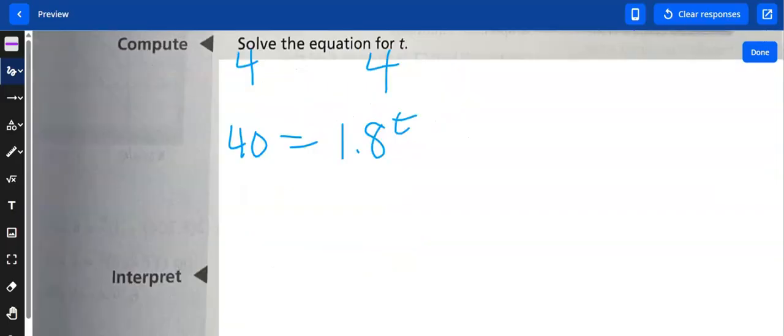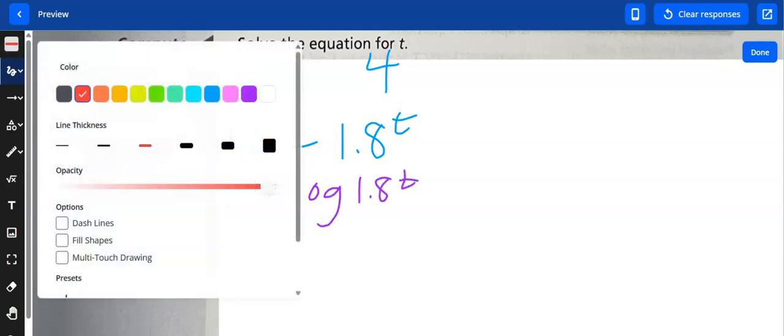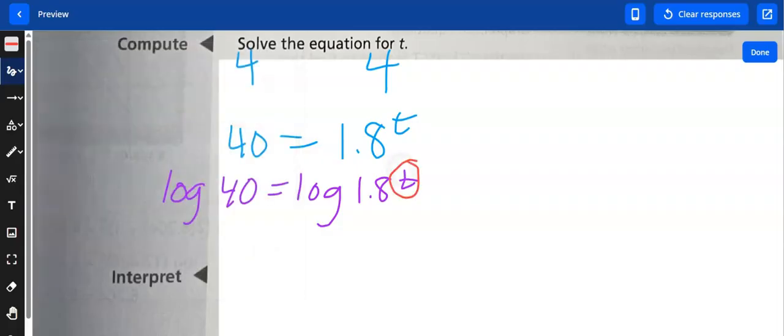Okay, now remember, if you look back at example 2, I showed you 2 different ways to do this. One of them would be log 40, you're taking the log of both sides. So some of you were using this method, and then you used the power property where you take the exponent and move it down in front.